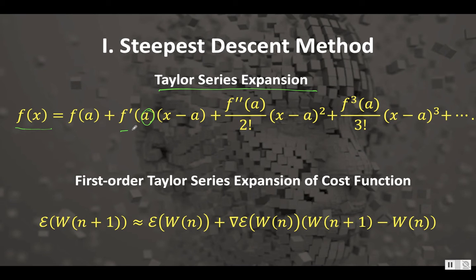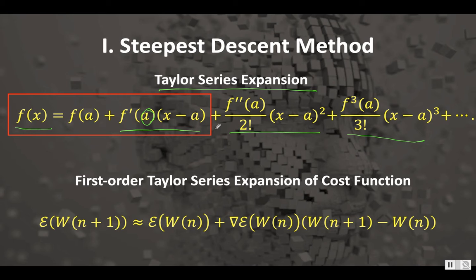So here, this one is the first order term, second order term, third order term, until infinity order terms. If we only use the first two terms, that is called the first order Taylor series.